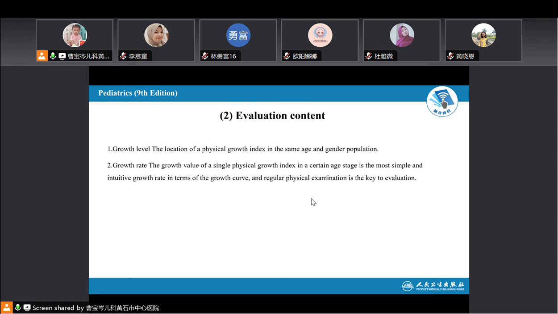The evaluation content. 1. Growth level: the location of a physical growth index in the same age and gender population. 2. Growth rate: the growth value of a single physical growth index in a certain age stage.